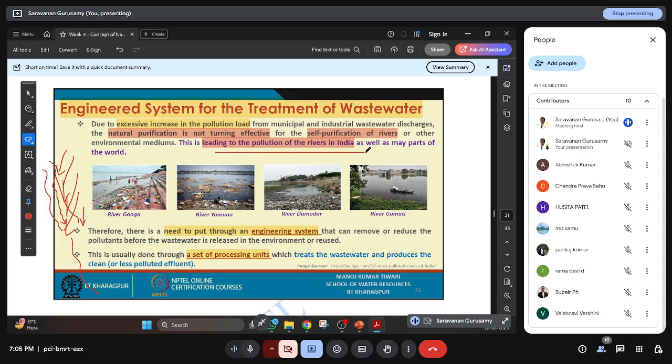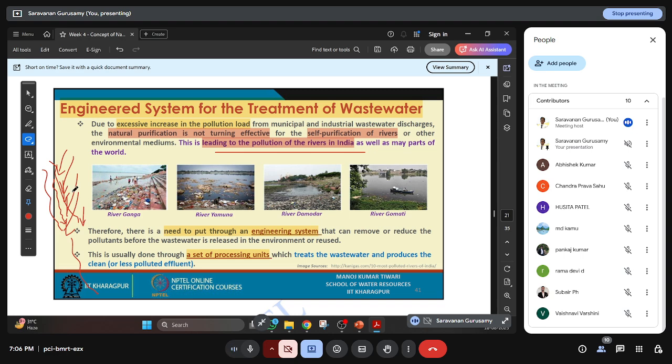This leads to the pollution of rivers in India, like Ganga, Yamuna, Kaveri. We are also assessing the condition of the Kaveri; we have a Kaveri Sea Center at NIT Trichy, assessing the pollution level at different stretches. All the rivers in our nation get polluted due to anthropogenic activity. Who is discharging the pollutant?